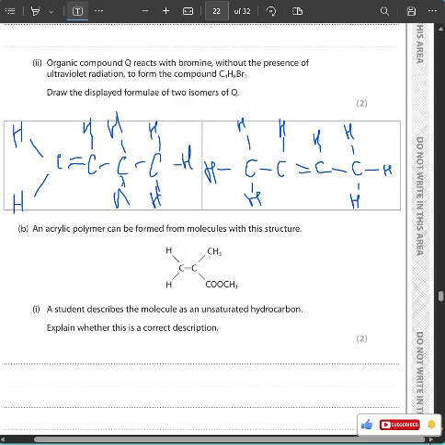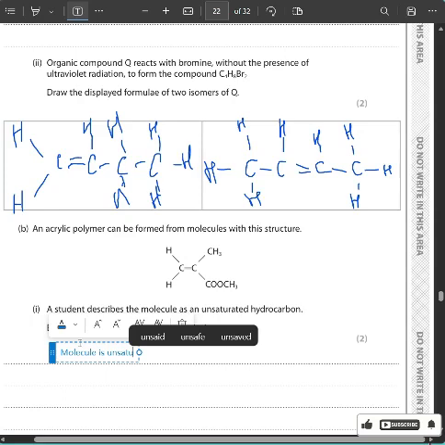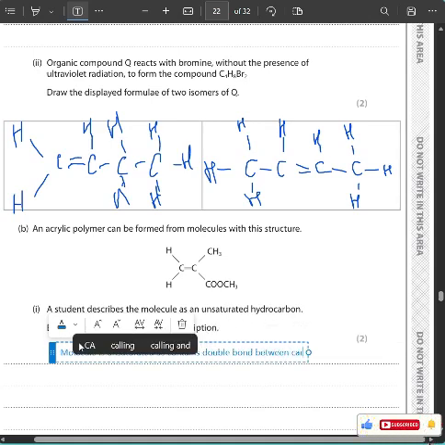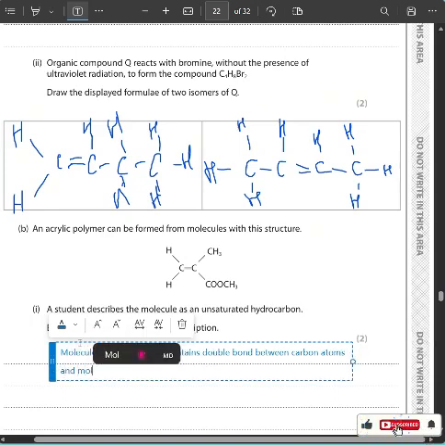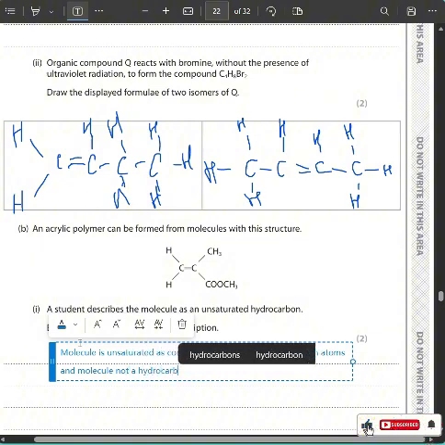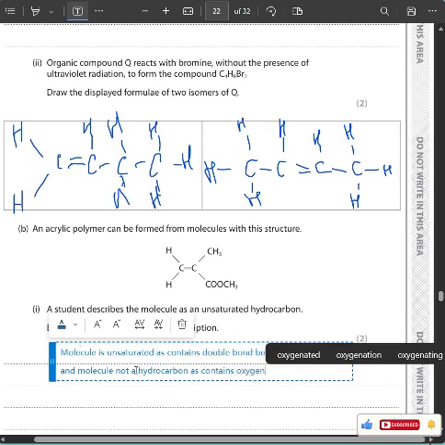It is an unsaturated molecule as it contains a double bond between carbon atoms, but the molecule is not a hydrocarbon as it contains oxygen.